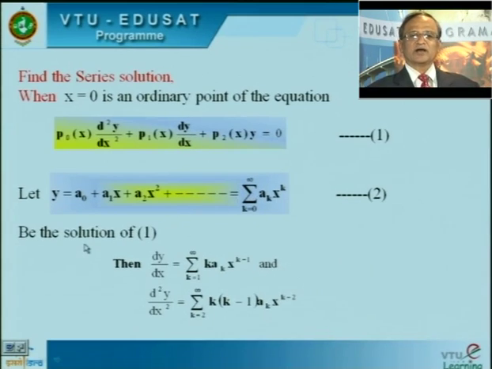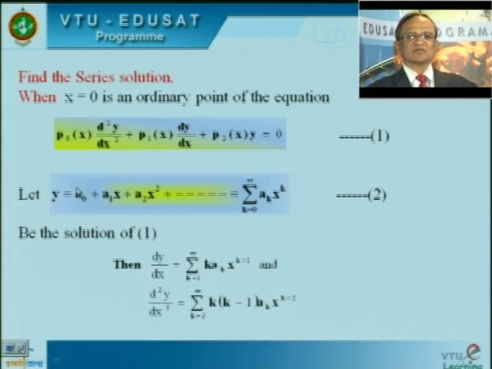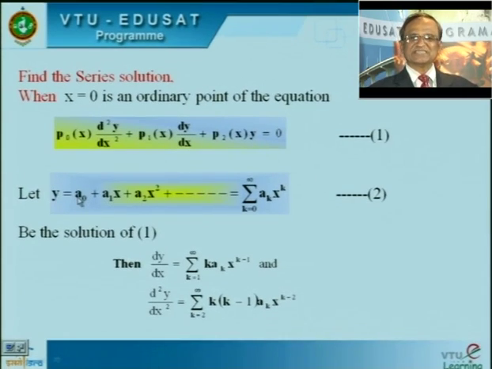So, now I want to differentiate this equation. Is it clear? So, therefore, dy by dx is equal to, observe the first term. What is the first term? First term is a naught. a naught means it is a constant. So, differentiation of a constant is 0. Now, I want to differentiate the second term with respect to x. So, a1 is a constant, derivative of x with respect to x is 1, right.